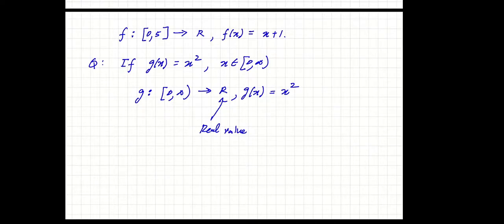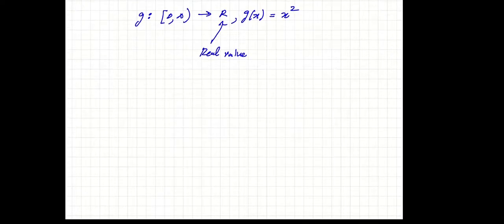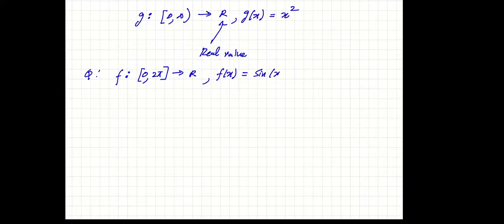In the future you will get questions like this. You will get functions like this: f(x) from 0 to 2 pi, R, f(x) is equal to sin x. Same thing. Domain is given, function is given. Range shouldn't be given.